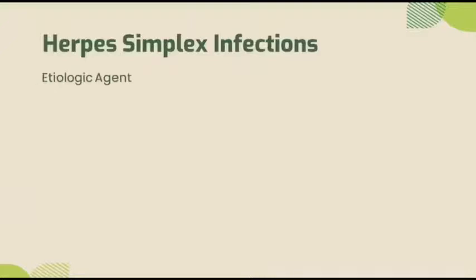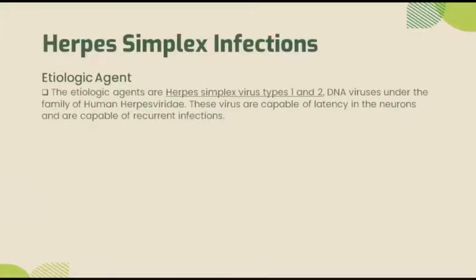Herpes simplex infection. The etiologic agents are herpes simplex virus types 1 and 2, DNA viruses under the family of human herpesviridae. These viruses are capable of latency in the neurons and are capable of recurring infections.